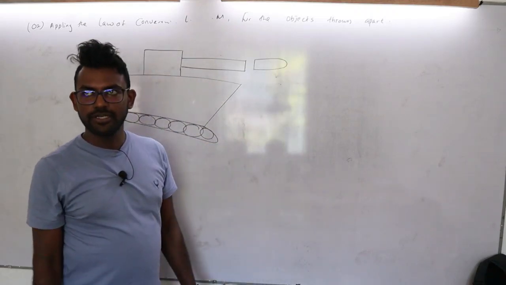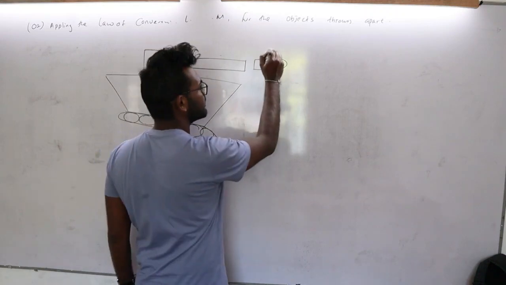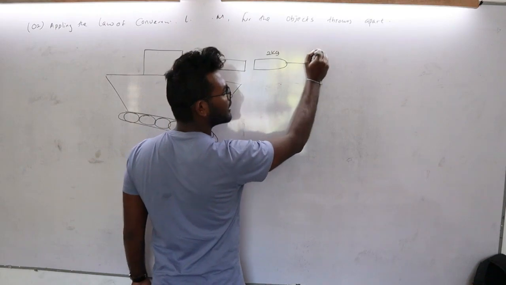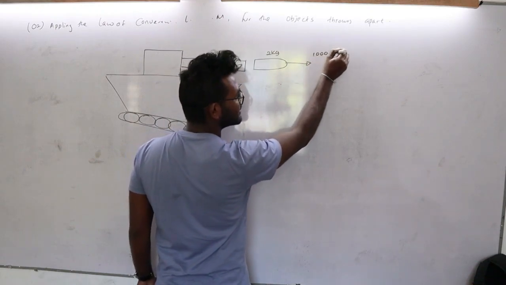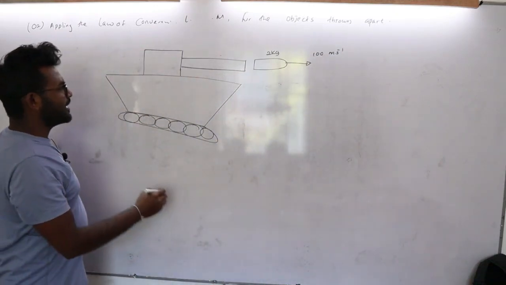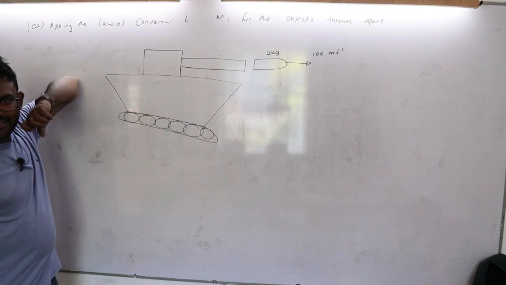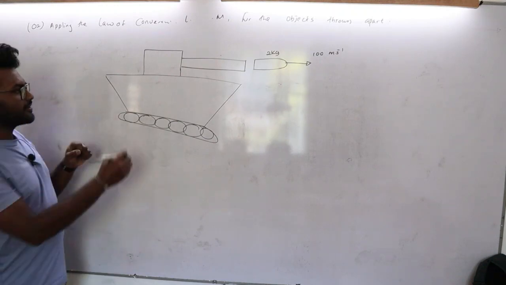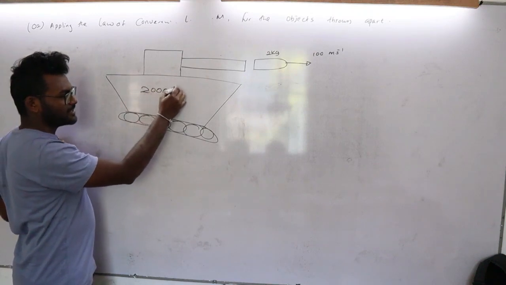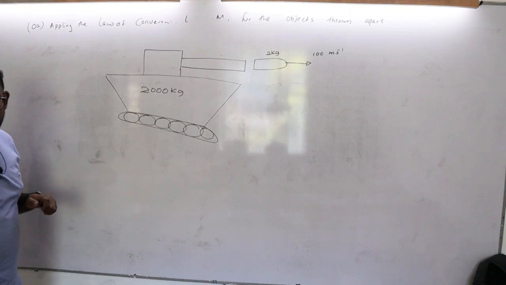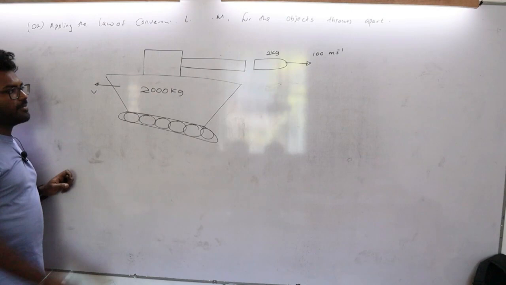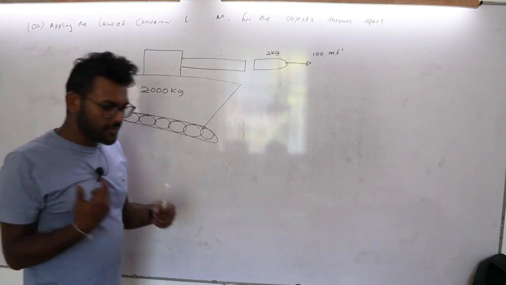That could be the mass of the bullet, 2 kilograms, let's say. And it's shooting very fast, hypersonic, let's say 1,000 meters per second, or maybe 100, yeah, let's be practical, 100. And what could be the mass of a tank? Let's make it 2,000, which is 2 tons. Okay, you're supposed to find the recoiling velocity of this tank, backwards. Just find it out.